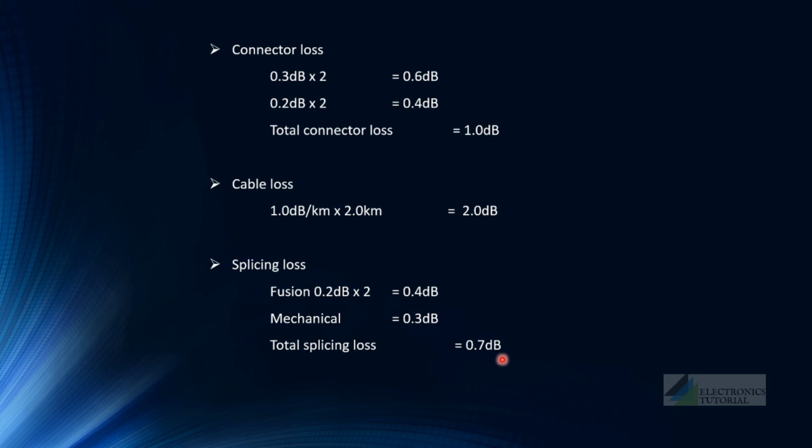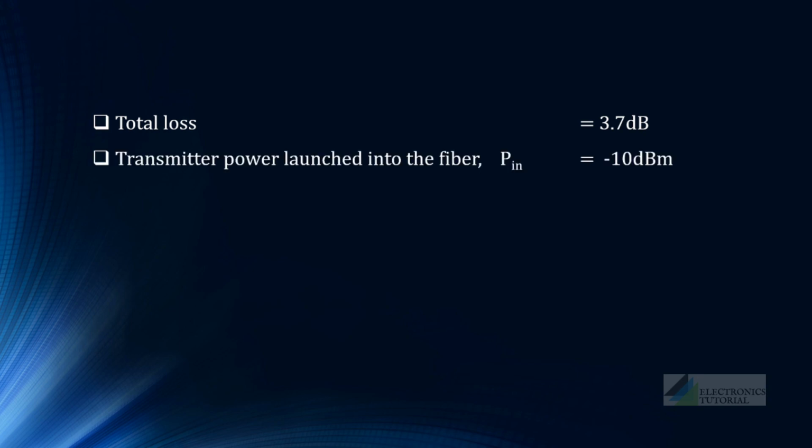If there were more components, we have to write all these components one by one and have to calculate each loss separately. Now we are going to calculate the altogether effect of these losses, and the total loss was found to be 3.7 decibels. Now we'll go for the power margin. The transmitter power launched into the fiber or P in was -10 dBm.